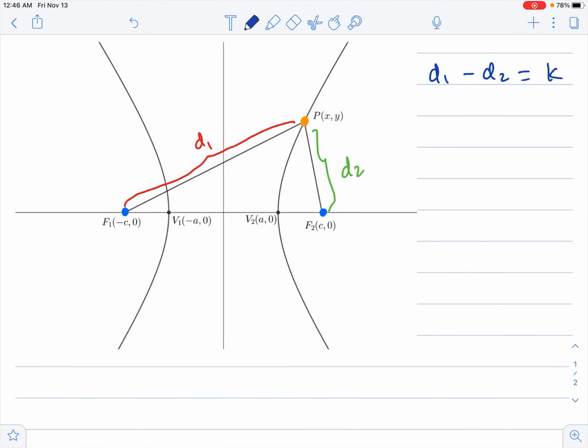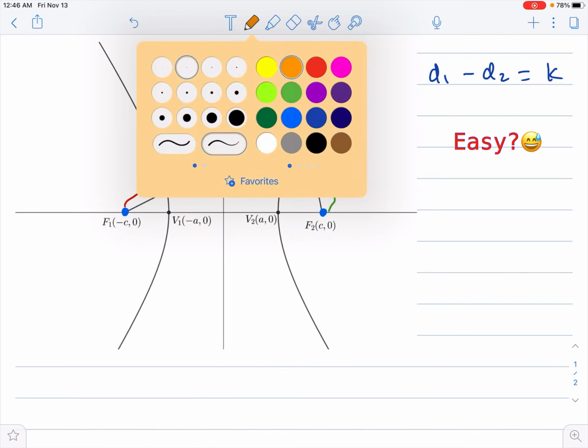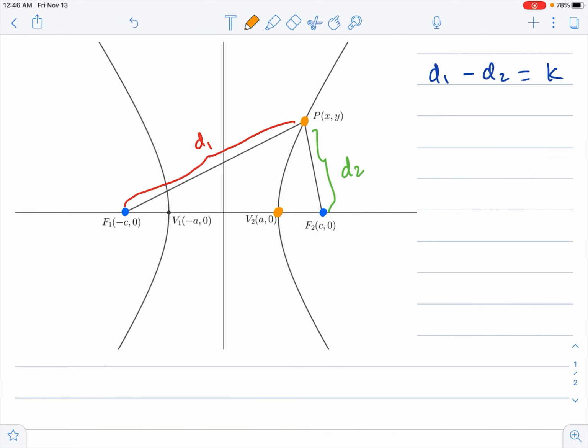But this is easy to derive because we know that this point is also a point on the hyperbola. At pag ito yung point, yung magiging d1 natin ay ito, which is from here to here is c, kasi negative c, 0. And from here to here is a. So ang d1 natin ay a plus c.